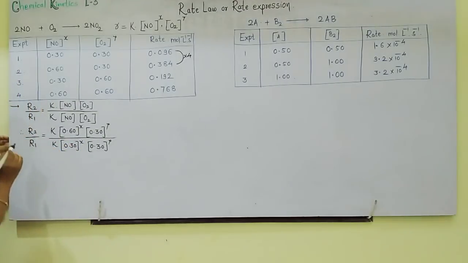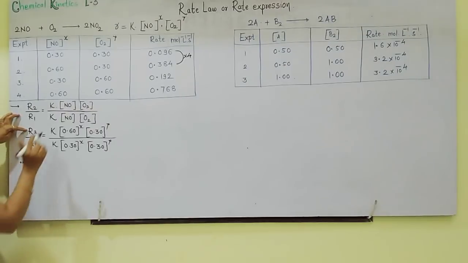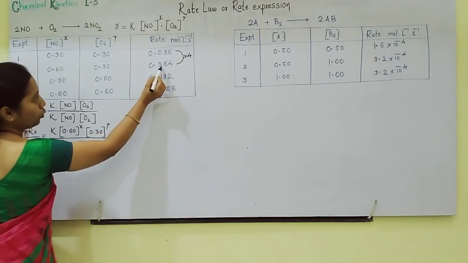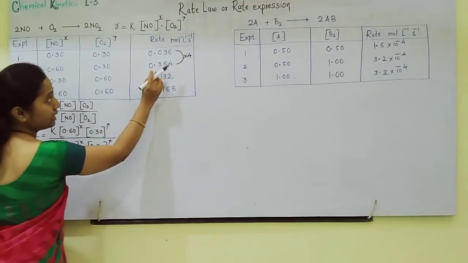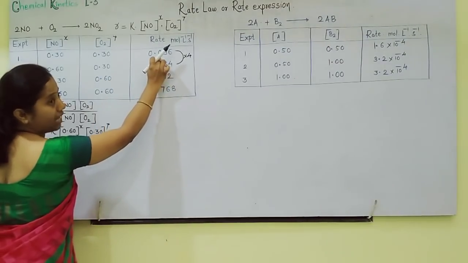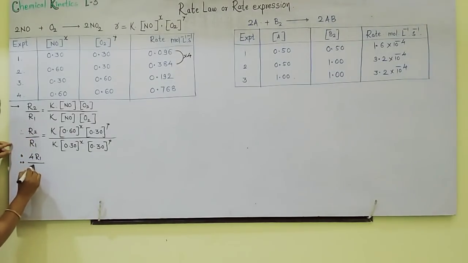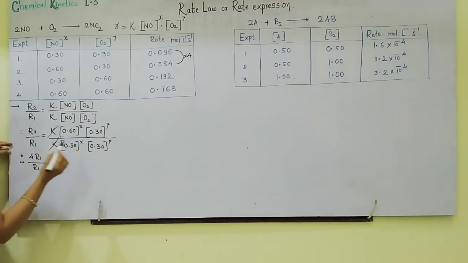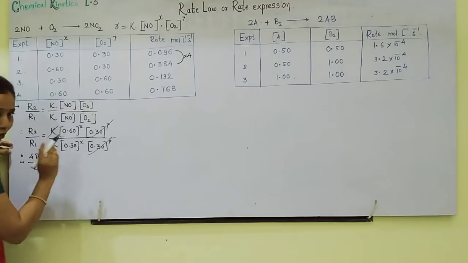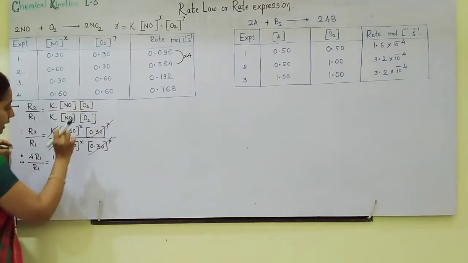Okay, let us substitute here. R2, the rate for the second experiment, is 4 times R1. Getting? So instead of R2 I am writing 4 times R1. K got cancelled. 0.30 raised to Y got cancelled, it was kept constant only.